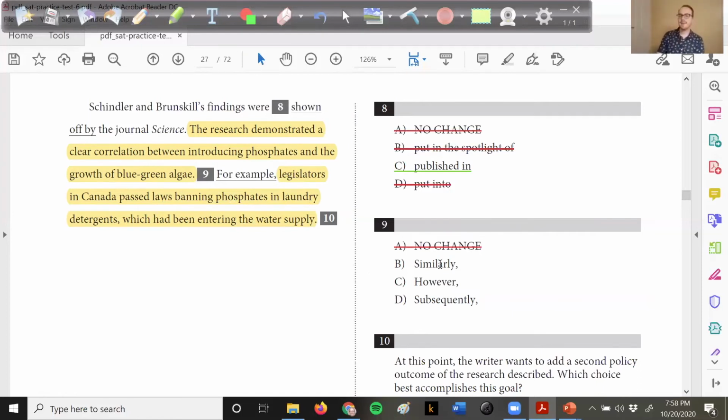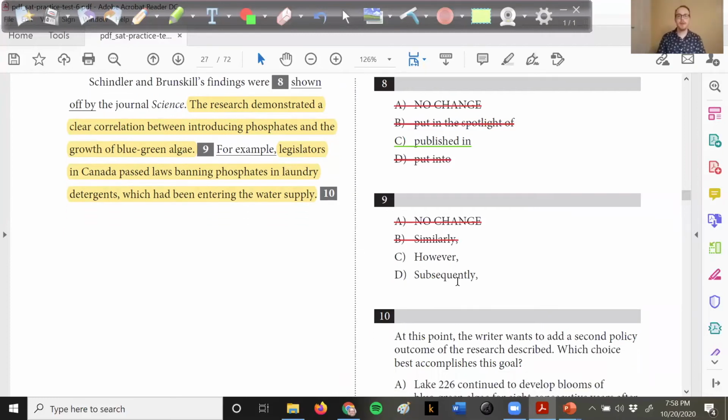Well, that's a connection that implies that two things were sort of doing the same thing. And this is all about correlations between phosphates and algae. And what comes next is all about passing different laws on laundry soap. So I don't think that's similarly, though it is closer than for example.